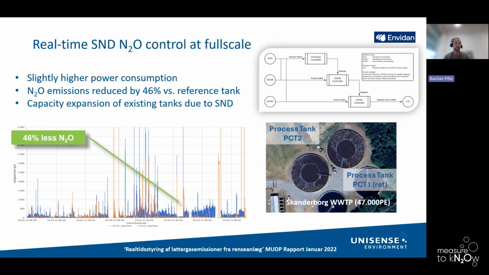What they reached in the operational tank compared to the process tank was a reduction of almost 50%, 46% less nitrous oxide, while there was a slightly higher energy consumption in this operational mode, but also a significant increase in the capacity of the reactor.